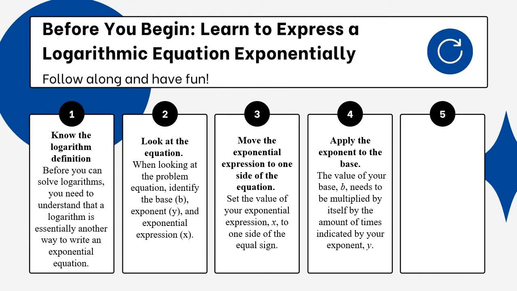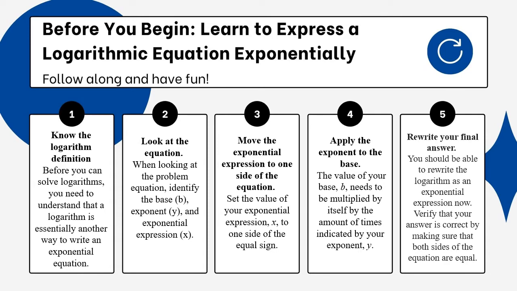The value of your base, or b, needs to be multiplied by itself by the amount of times indicated by your exponent y. And the last step is rewrite your final answer. You should be able to rewrite the logarithm as an exponential expression now. Verify that your answer is correct by making sure that both sides of the equation are equal.